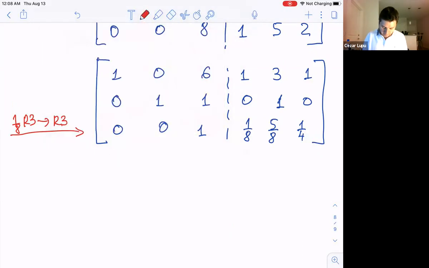Now let's look at R2. Yeah, because I forgot here, there is a 1 here, so I'll have to get rid of it, right? We have to make it look as a 0. So we have to do an operation with R2. And what we're going to do will be the following. Let's multiply R3 by -3 and add it to R2.